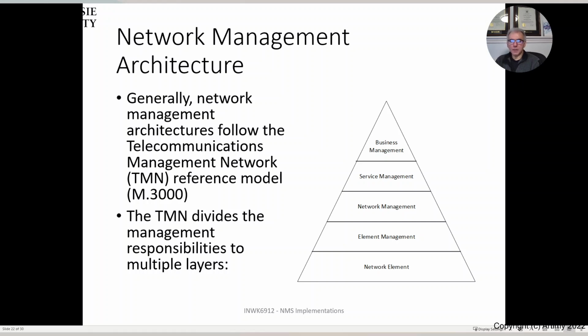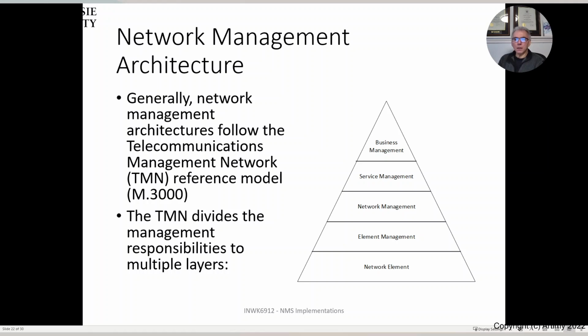So it divides the network management into layers, 5 layers in particular. At the bottom layer, we have the elements themselves. This is similar to the managed elements that we talked about. So here we'll call them network elements, right? These are the switches, the routers, firewalls.